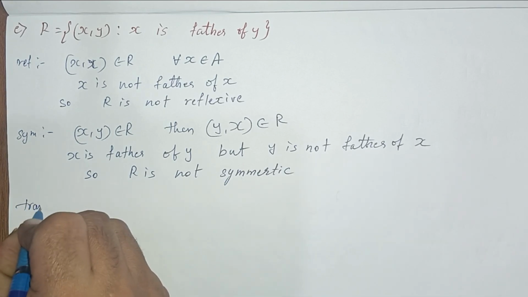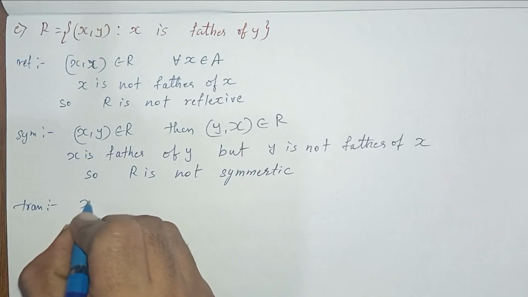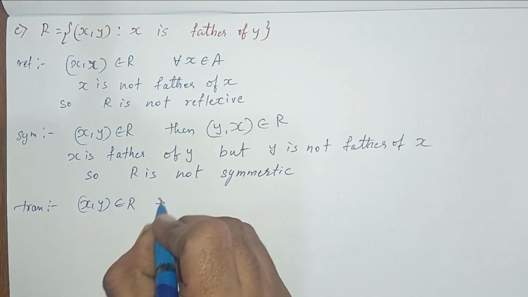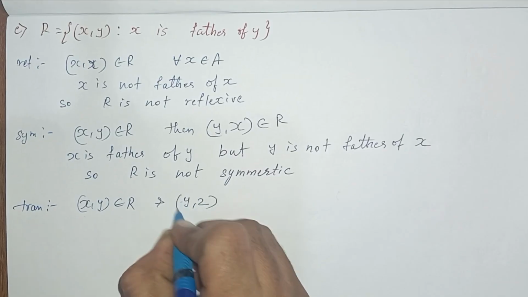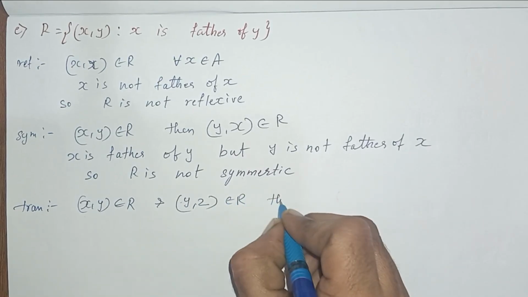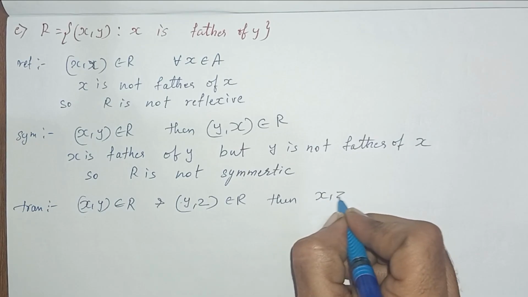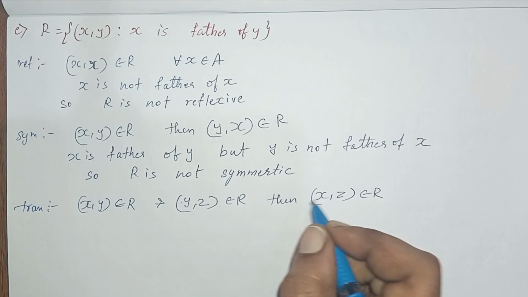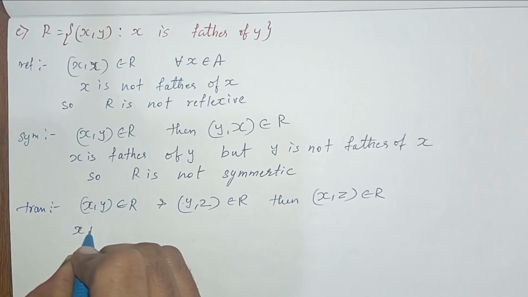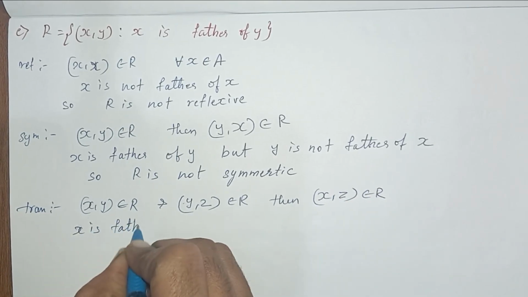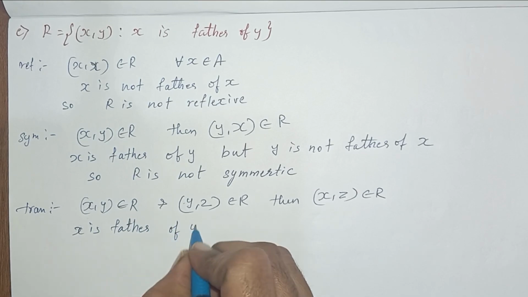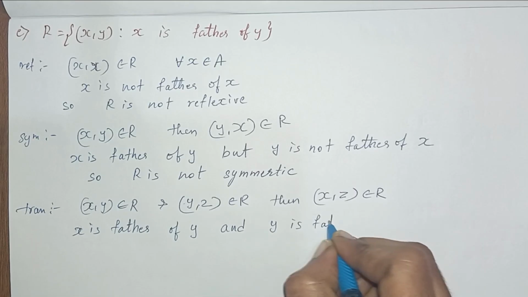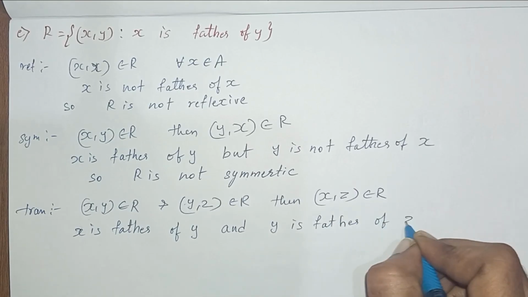Next, transitive. If we say a relation is transitive, x comma y belongs to R and y comma z belongs to R, then x comma z should belong to R. But here we check that x is a father of y and y is the father of z.